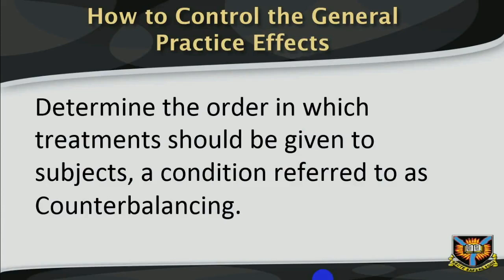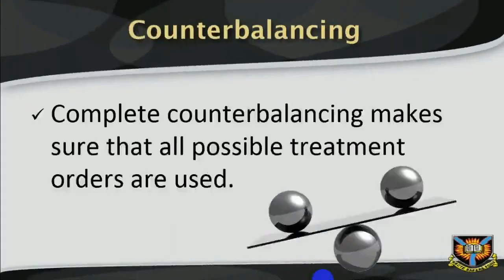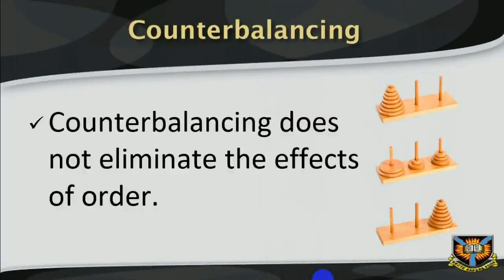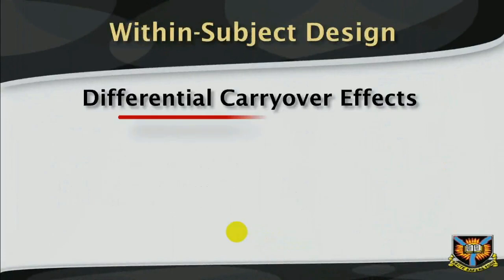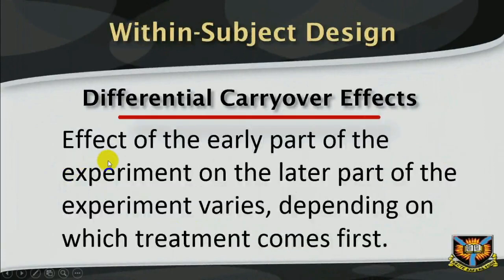Differential carryover effects. Differential carryover effects pose a more serious problem than do general practice effects. In differential carryover effects, the effect of the early part of the experiment on the latter part of the experiment varies, depending on which treatment comes first.